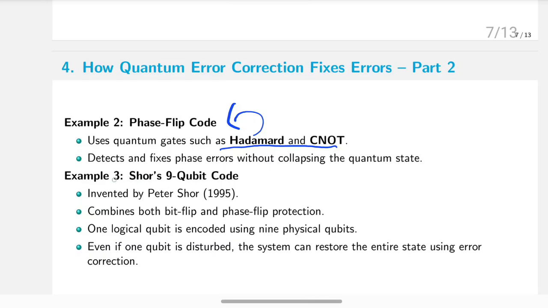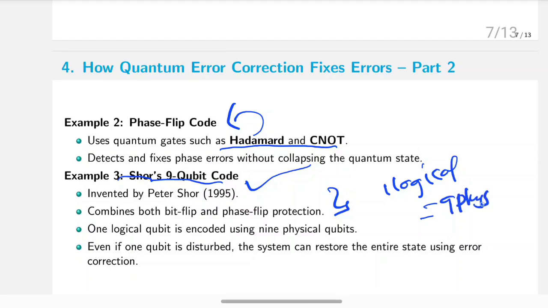One more example, this you need to remember, Shor's 9 qubit code. This was invented by Peter Shor in 1995. It combines both bit flip and phase flip error correction. It is not only bit flip error, it is not only phase flip error. Here one logical qubit is built using 9 physical qubits.